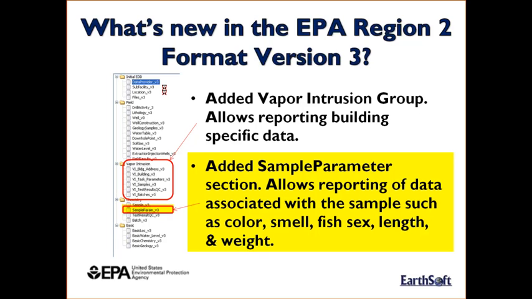Again, the changes we're seeing are all in response to comments that EPA Region 2 receives on their format. This gets modified as a result of many of you contacting folks and asking how to report this data and that data. So EPA listens to your suggestions, and the changes come as a result of them.